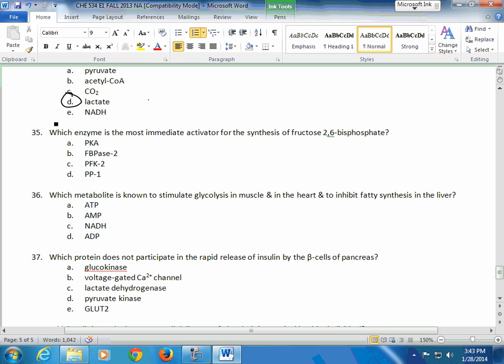Which enzyme is the most immediate activator for the synthesis of fructose 2,6-bisphosphate? So fructose 2,6-bisphosphate is the most potent activator of PFK1 for step number 3. It's a trickier question because it's saying the most immediate activator for the synthesis.